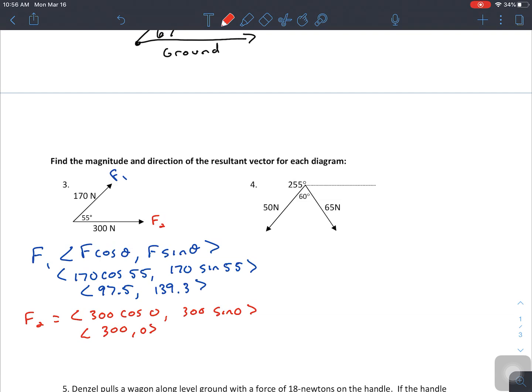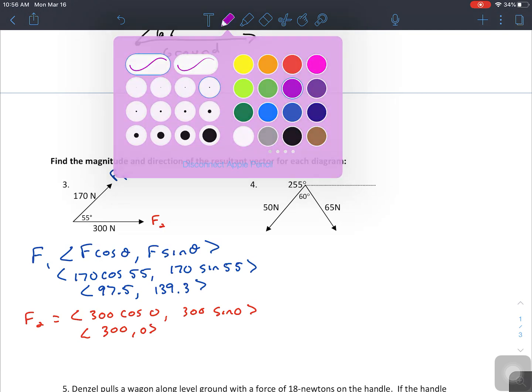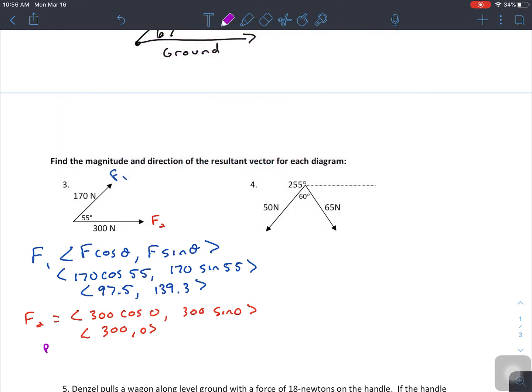So first thing we're going to do is we're going to find the resultant. Okay, to find the resultant, we're going to add the vectors. So we're going to add the x components, we're going to add the y components.